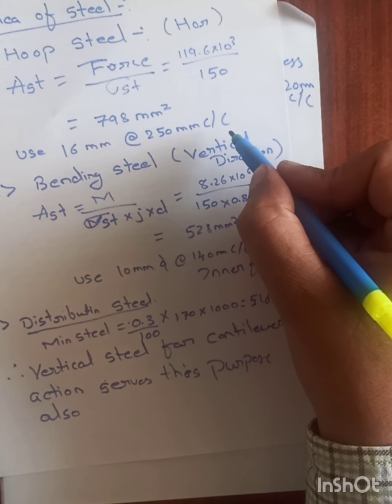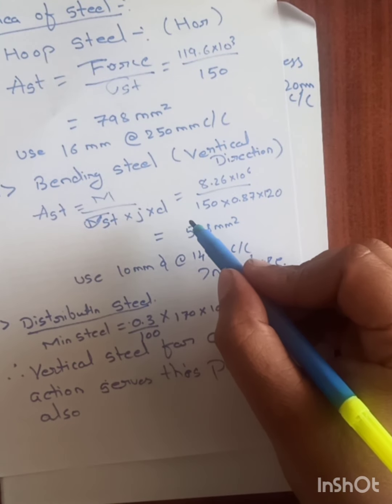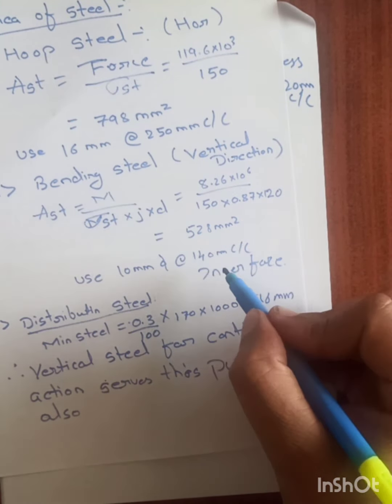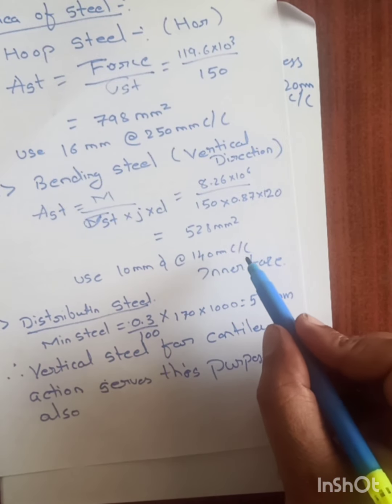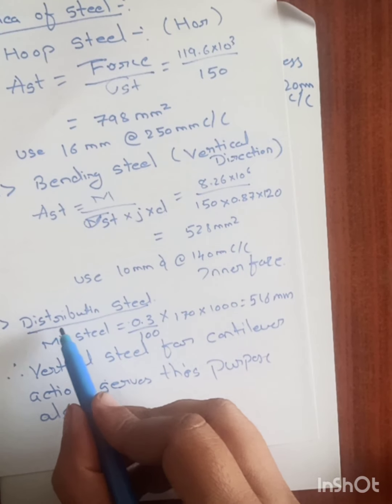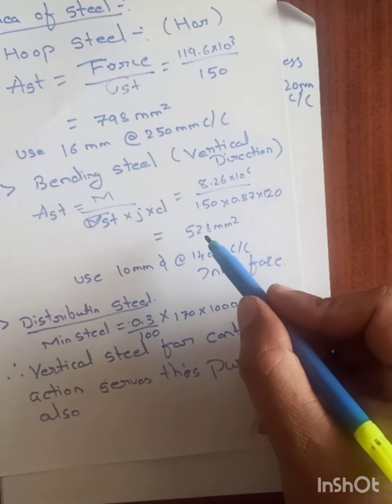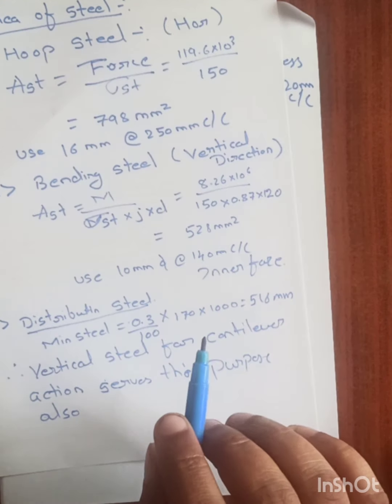After this, here minimum rings can be provided. Now next, for bending steel, that is vertical steel, at the bottom portion we can provide 10 mm bars at 140 mm center to center. At the top, since the distribution steel is same as that of bending steel, let us provide the same steel at the top portion as well.